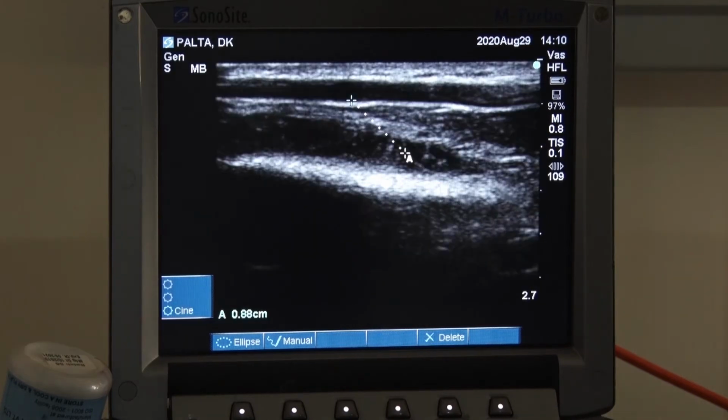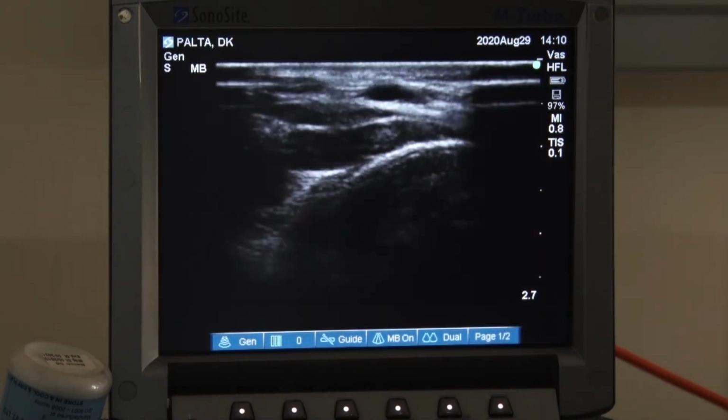This is the intima. So we have to take the intimal diameter. This is an artery of around 2.1 mm.